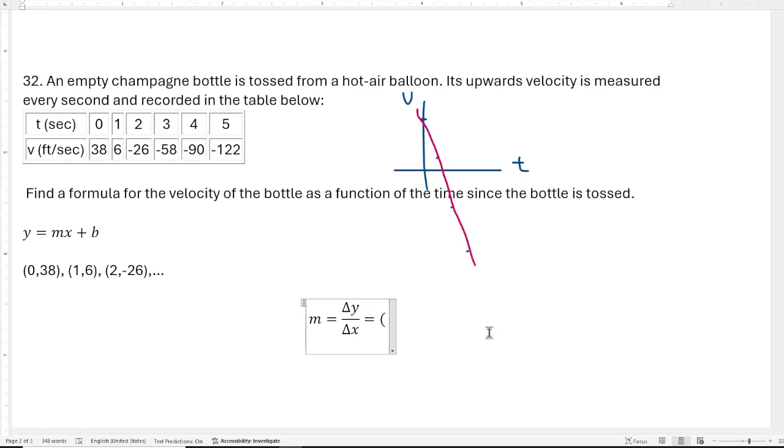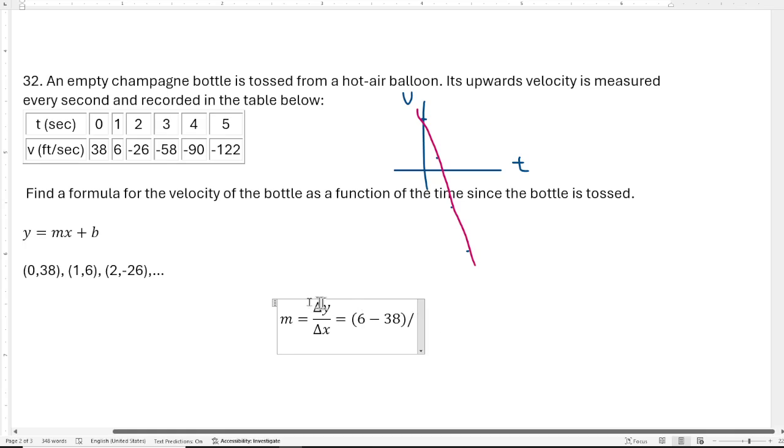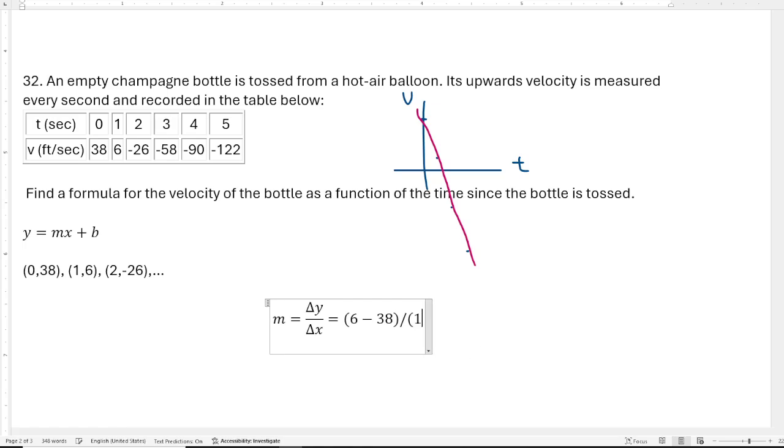You can write this as terminal minus initial. When you look at the change of any value, you always look at the final value minus the initial value. That's how you look at the change. And change in x: final value is 1, initial value is 0, so this will be 1 minus 0. And that gives you negative 32.